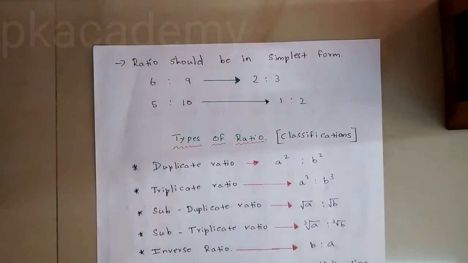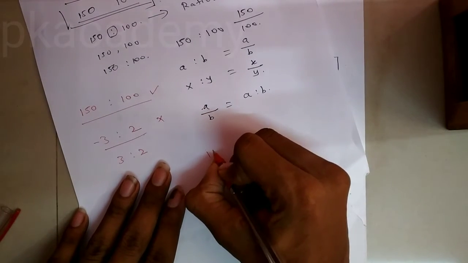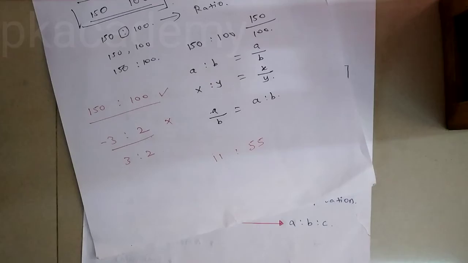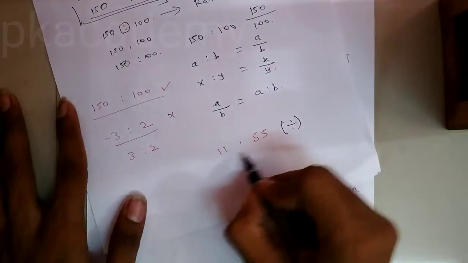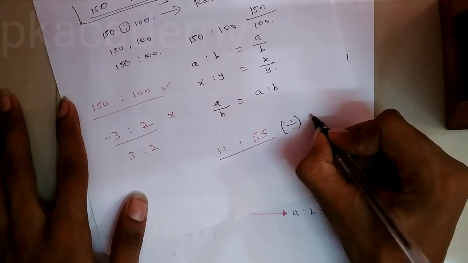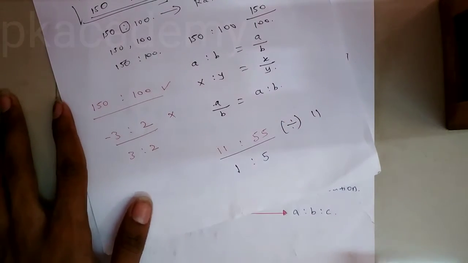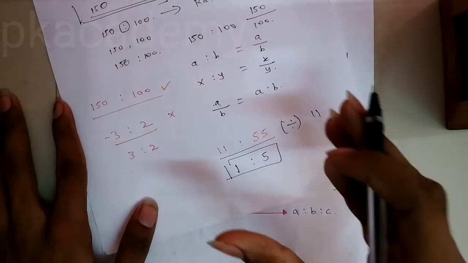For example, if the answer we get is 11:55, we can leave it as 11:55, or we can divide both by the same number. It can be divided by 11. So 1 elevens are 11 and 5 elevens are 55. Like this, we have to get the ratio in its simplest form.